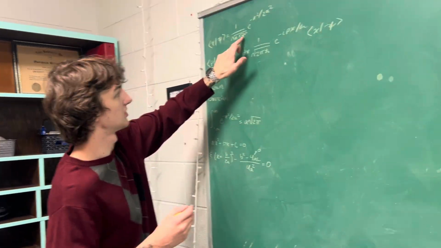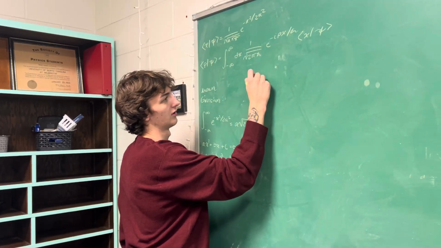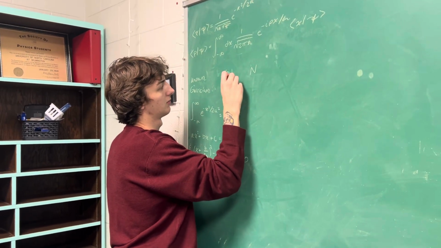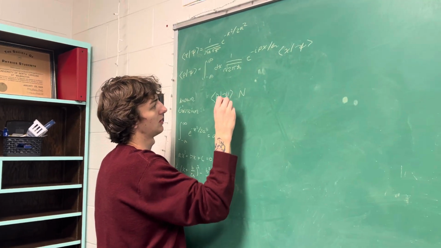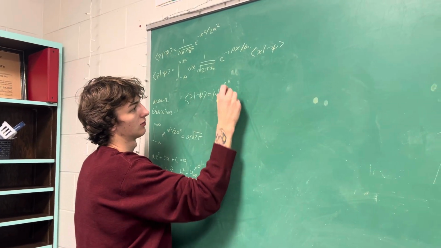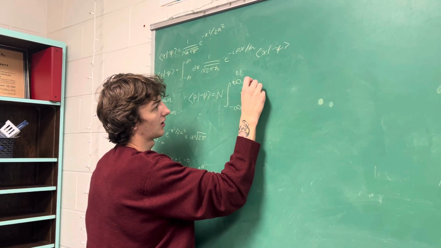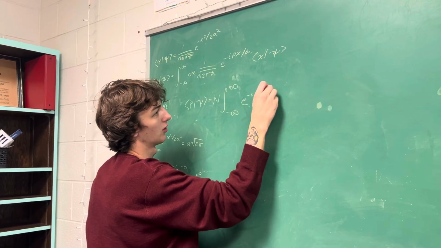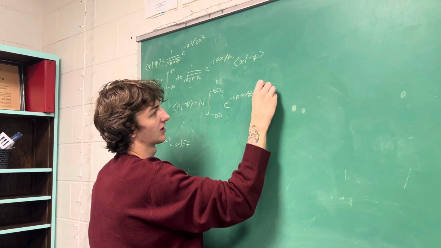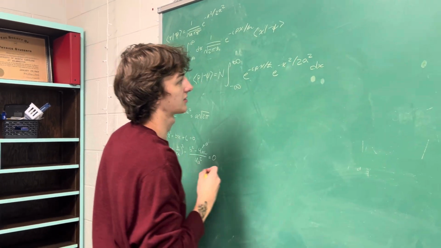For now, I'm just going to call the product of these two constants N. So our momentum space wave function, p bracket psi, is equal to N times the integral from negative infinity to infinity of e to the negative i p x over h bar multiplied by e to the negative x squared over 2a squared dx.